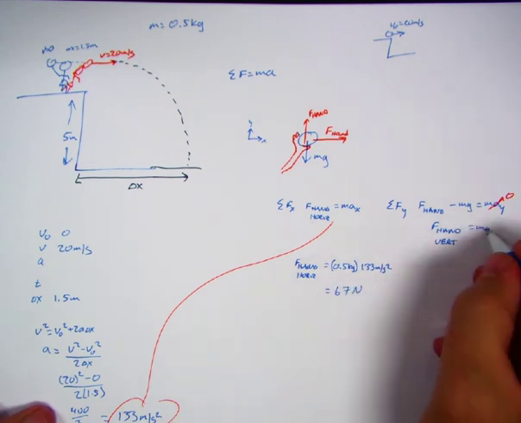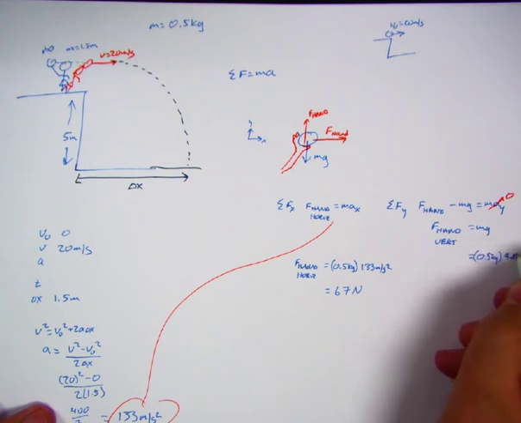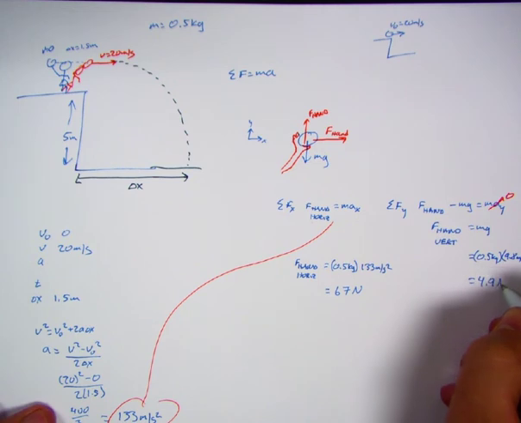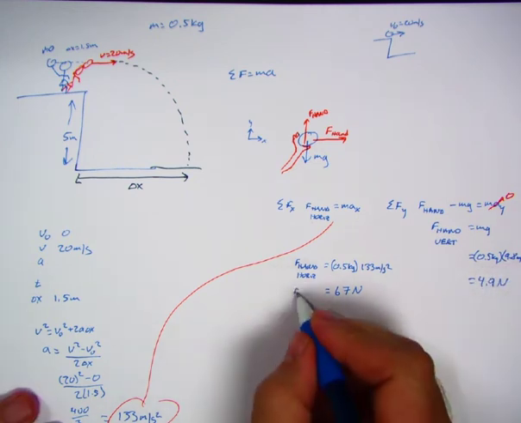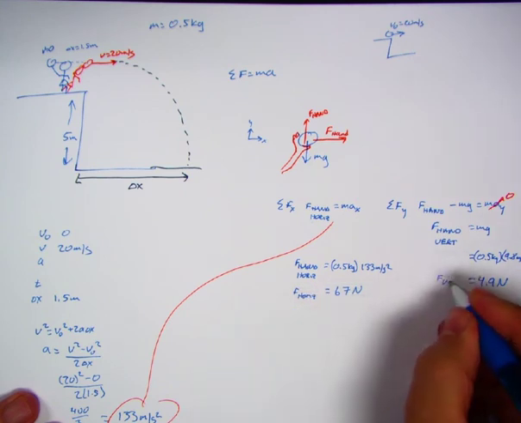And up here, if I want to finish this one, that's going to equal 0.5 kilograms times 9.8 meters per second squared. So I'm going to end up with 4.9 newtons. Okay, so there they are. Force horizontally and the force vertically.